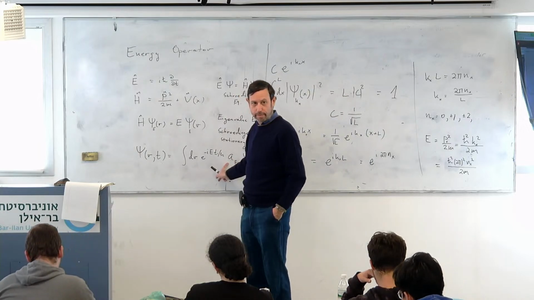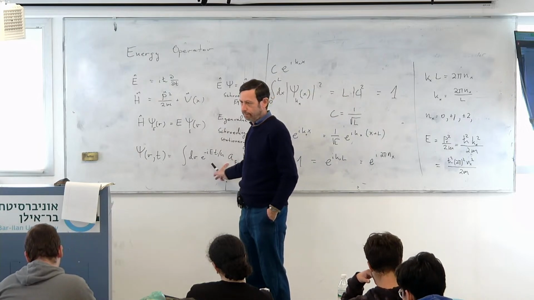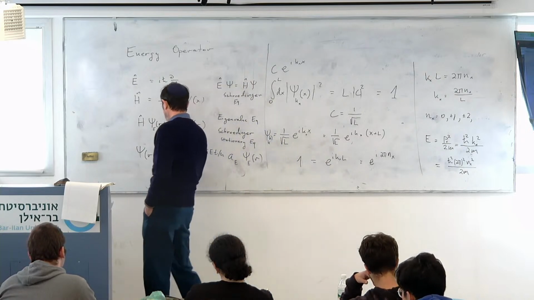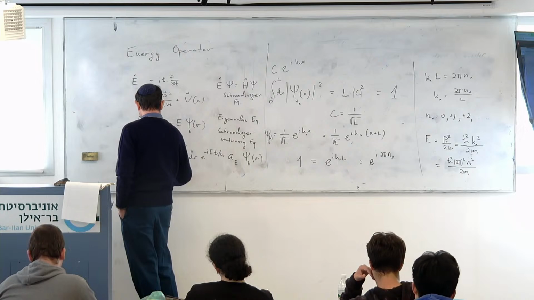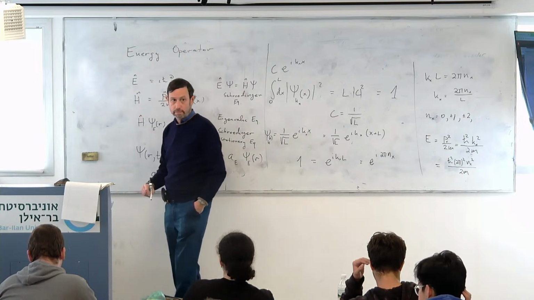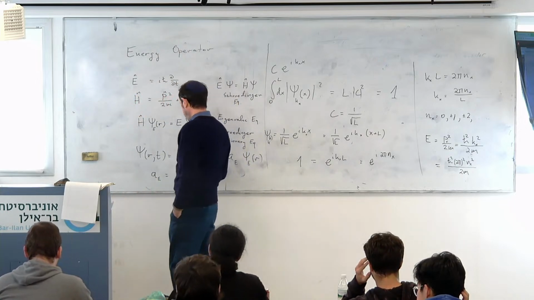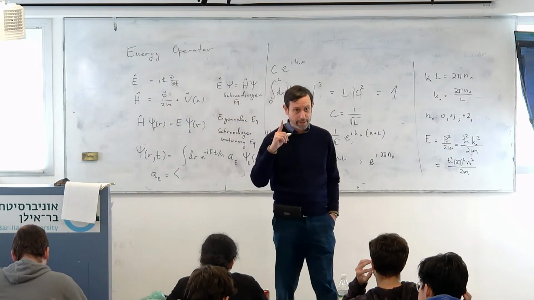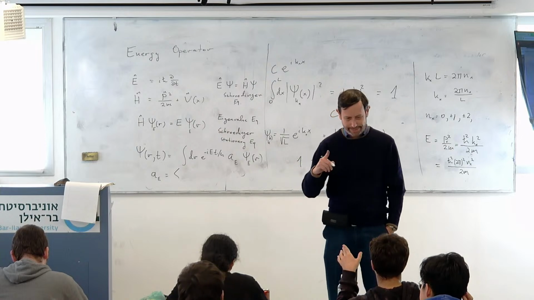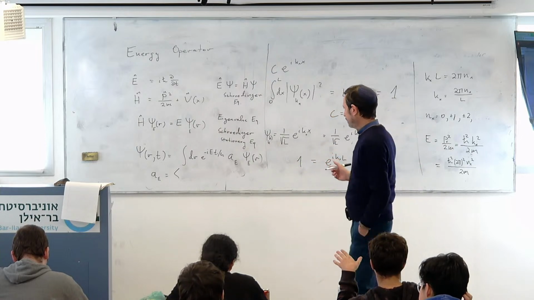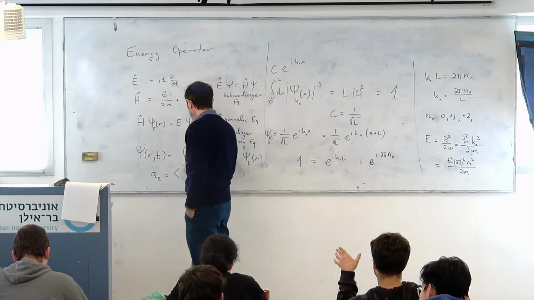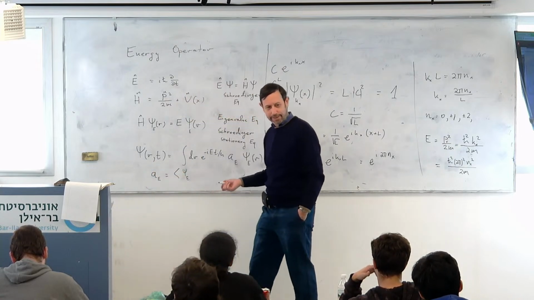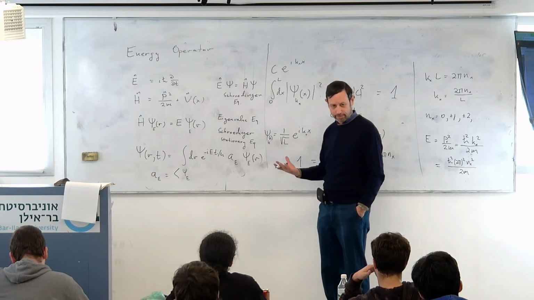So I have here some amplitude, and this amplitude, how do I find it? No, it's not the Fourier transform, because Fourier transform is for the momentum. This would be, well, you have the operator. Tell me what the psi is.